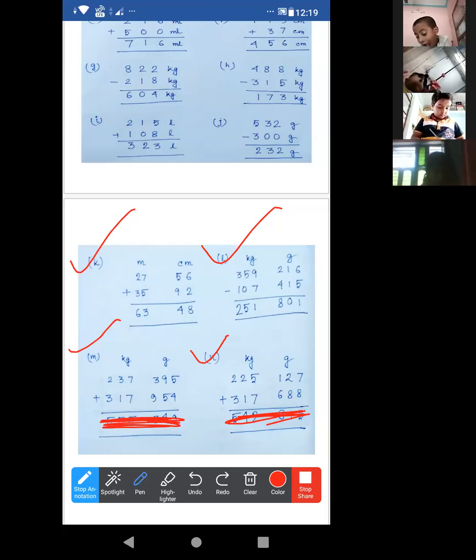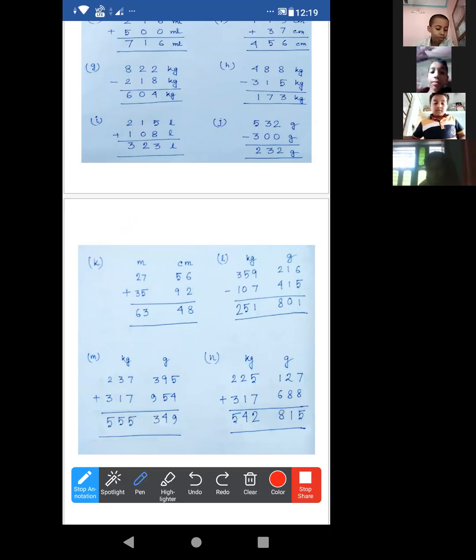Arad Islam doing M and N. Taskin, is there any doubt? Now I will unmute all of you. At first complete M and N.